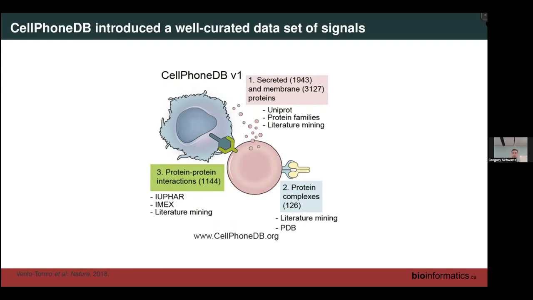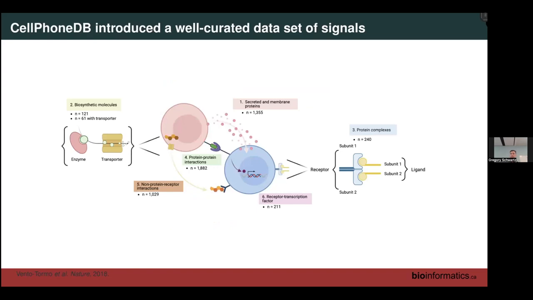This is version 1. They're up to version 5 now, I believe. It has thousands of different protein-protein interactions and thousands of secreted and membrane proteins. Mostly we focus on ligand-receptor pairs within the cell-cell communication field because it's more straightforward to do at this stage, but the concepts are very similar.